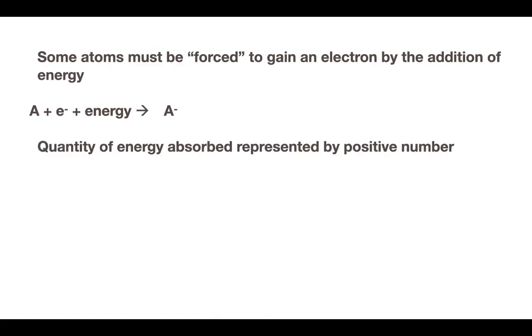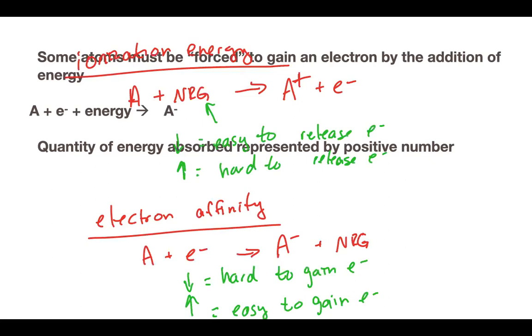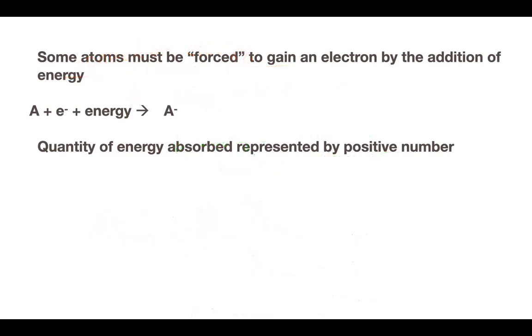Now, again, this next statement is true. Oops, I can't do that. That last statement is true across science, because we're talking here about the energy being a reactant, being absorbed. That's an endothermic situation, and when you have energy being absorbed, it is represented by a positive number. We go into more detail about why that is next year when we study thermodynamics.